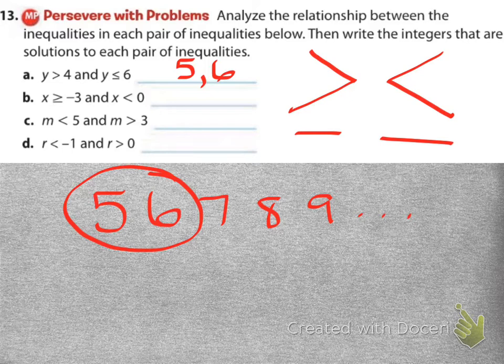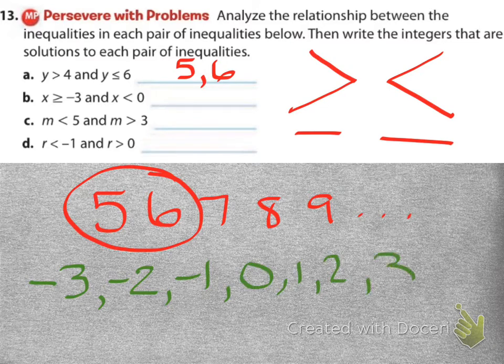It says x is greater than or equal to -3. So if I'm thinking of numbers that are greater than -3 or equal to, I'm going to include -3, and then I'm going to go ahead and keep writing up until I get into positives, okay? I'm going to put my little dots to say that I'm going to keep going and going, because all these numbers are greater than or equal to -3.